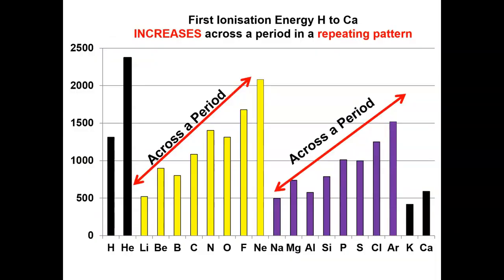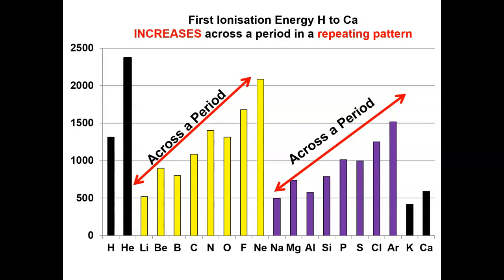As the bars are shaded in, I've picked out the atomic numbers across the bottom axis, the x-axis, and as you can see, we've gone from hydrogen all the way to calcium, number 20, and the bars represent the first ionization energy for each of the elements. We picked out helium was the highest value, remember, and then neon was the second highest value, and potassium we picked out was the lowest value.